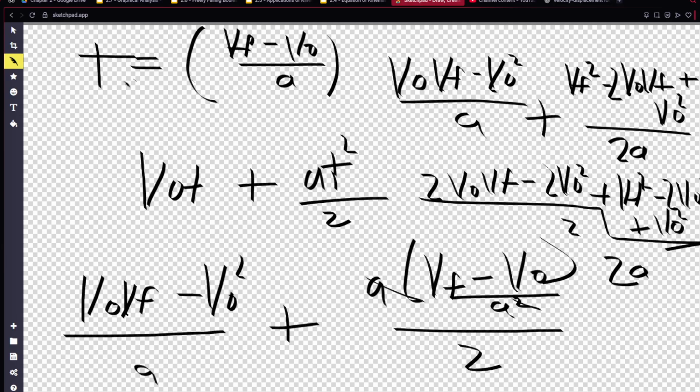That's a very crooked division sign, but I had to do it because this weird equation was in the way. And using some simple algebra, 2 v0 vf minus 2 v0 vf cancels out. v0 squared and 2 v0 squared, so that leaves negative 1 v0 squared. So you have negative v0 squared plus vf squared over 2a.